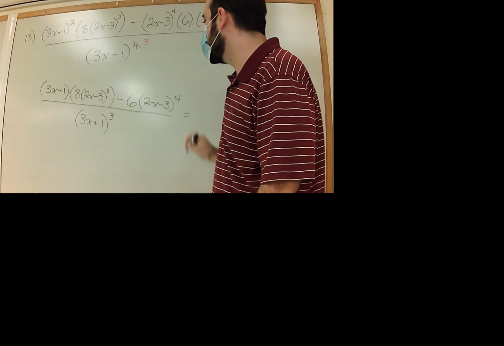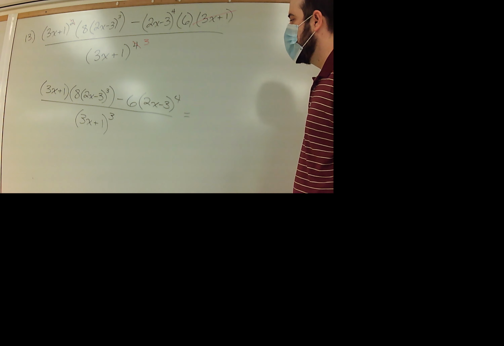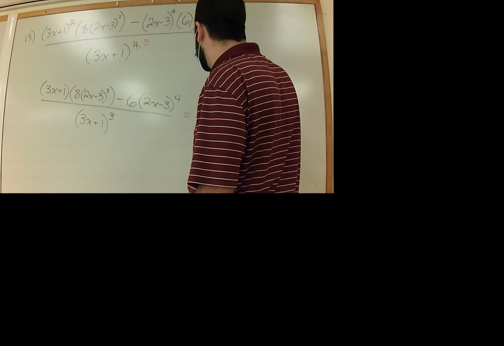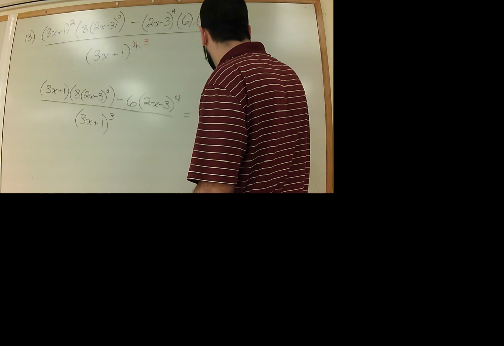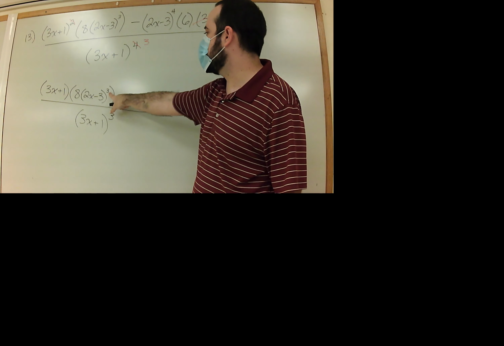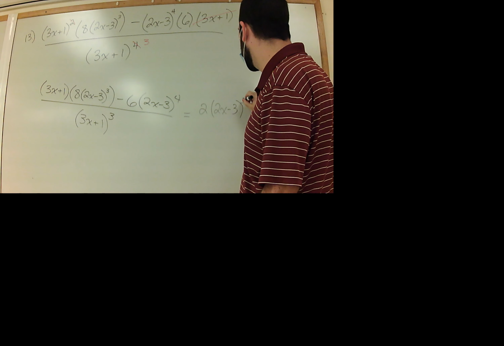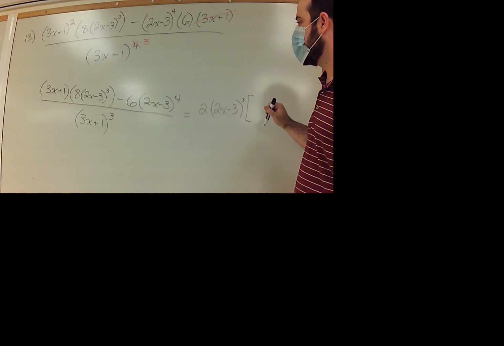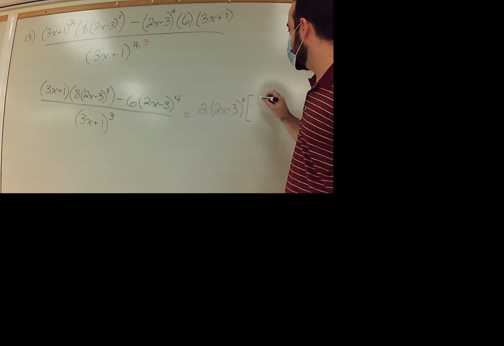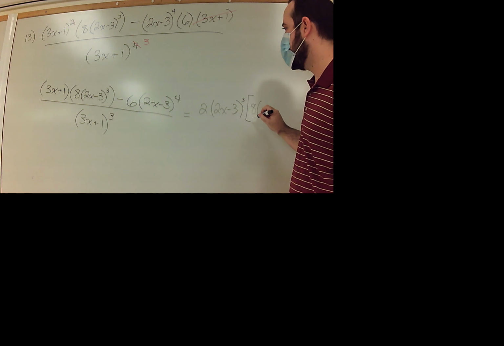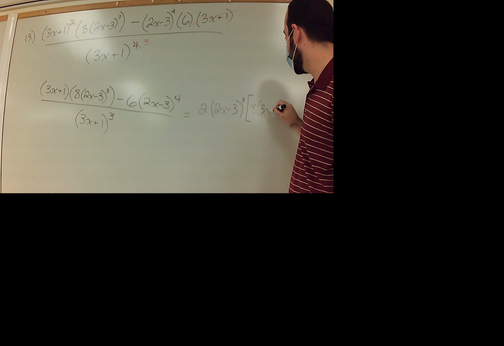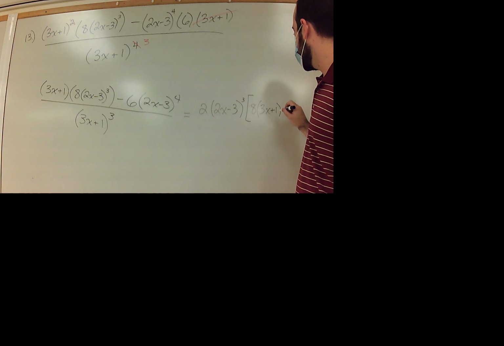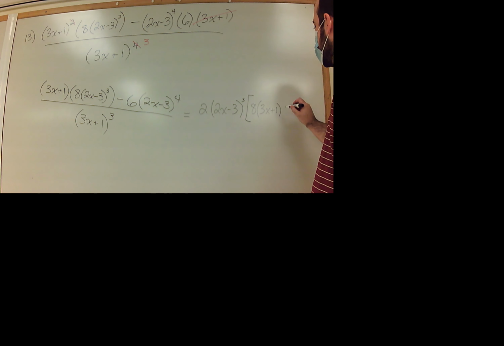So we can factor out 2 times 2x minus 3, and the smallest one of those we have is the third power. And that's just really messy from there. Times 3x plus 1 minus 3 times 2x.